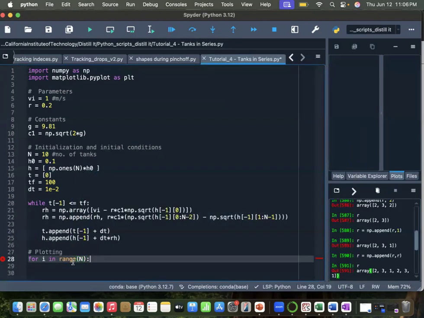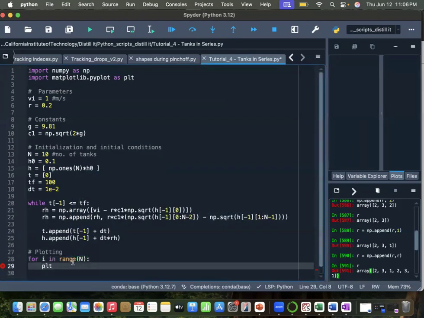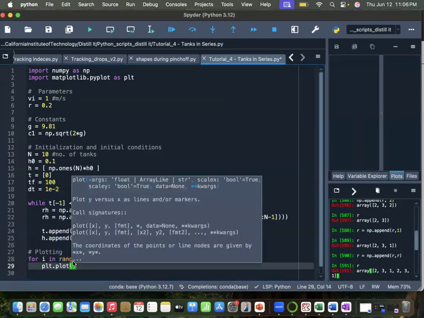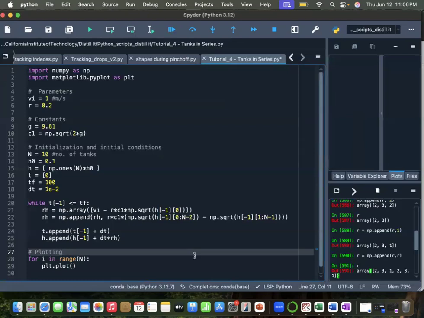So for i in range n, plt.plot, and as I discussed in the previous tutorial as well, in the previous tutorial we were trying to access the velocity for each particle, which was the columns of the matrix. Similarly, over here we are trying to access the heights of each tank. Therefore, it's going to be the columns again.